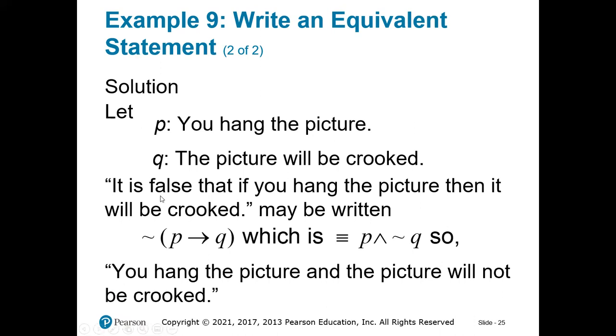These two statements are the same thing. Isn't that interesting?